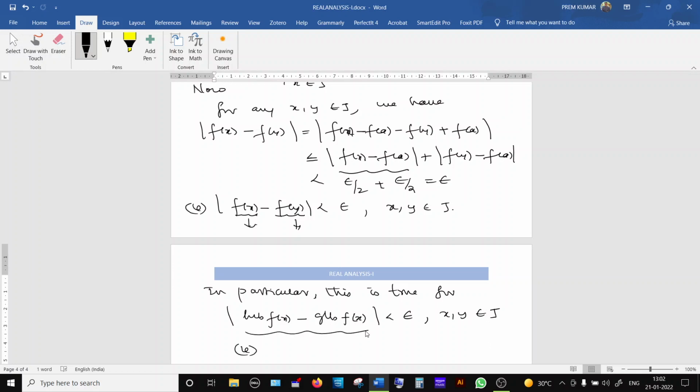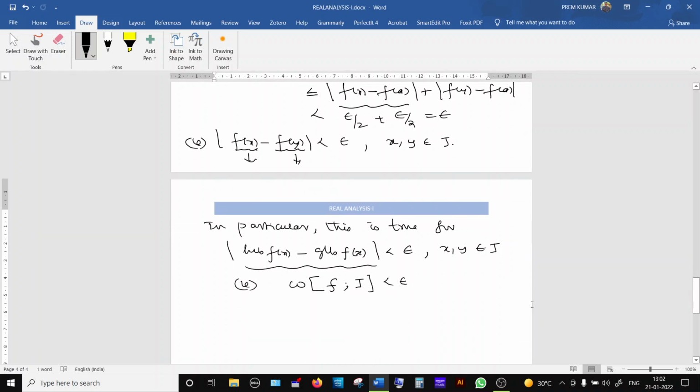But this is nothing but what? For every x and y belongs to J, this is nothing but the oscillation of f over J. This is less than epsilon, because we have taken all the points x and y from J. Here I have to make a change.